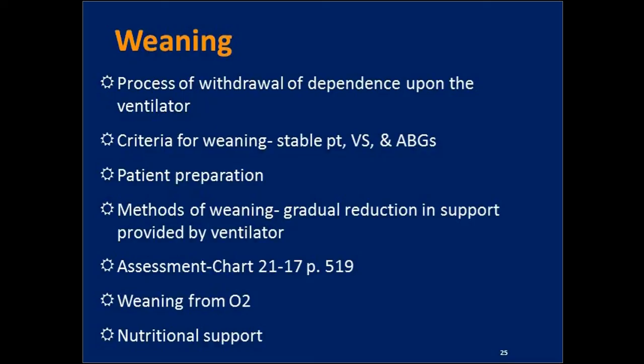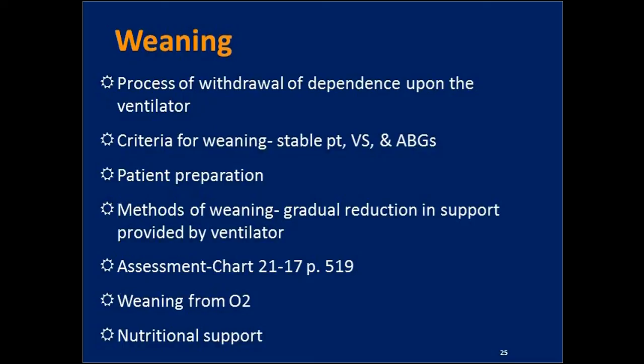And then just as we weaned them from the ventilator, we will continue to wean them from oxygen, decreasing the level of oxygen that they are receiving, maybe over a few hours or a few days, depending on the patient's condition and how they tolerate it. But the goal is to get them to the lowest amount of oxygen needed to maintain their O2 sat greater than 93%.